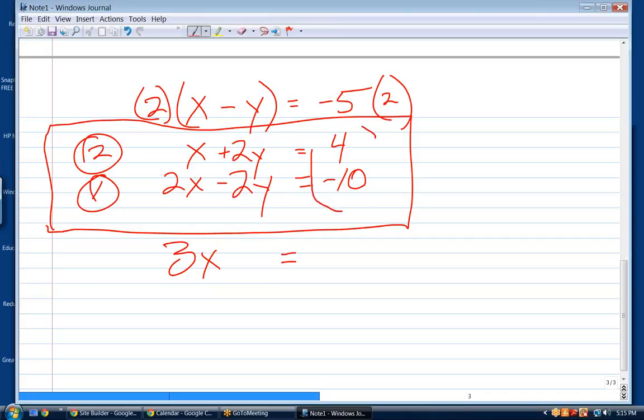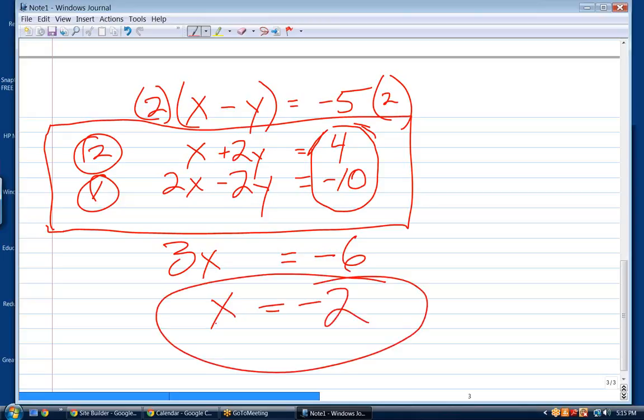So what is this equal to when you add those two? It would be negative 6. Okay, and now x is equal to minus 2. So this way I solve for x first, and now I can go back into either equation. Let's take the simplest one, this top one.